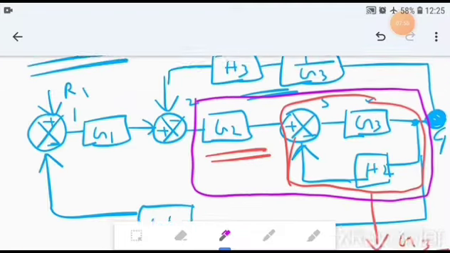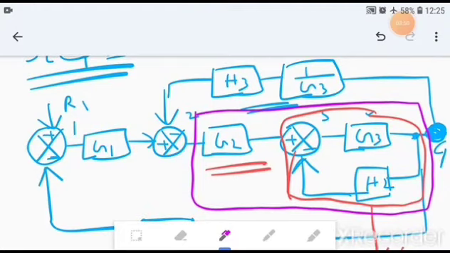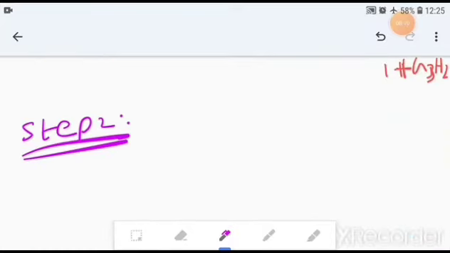In step 2, we combine G3 and H2, we get G3 by 1 plus G3H2. To that block we have G2 in series, so we get G2 into G3 by 1 plus G3H2. Up to that block we will write here.